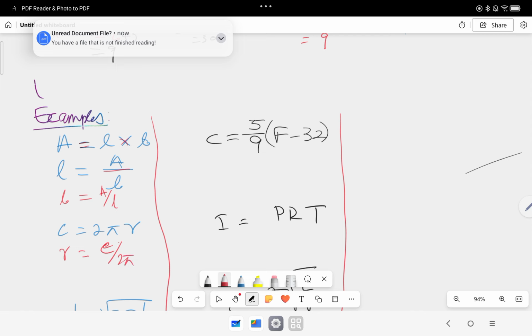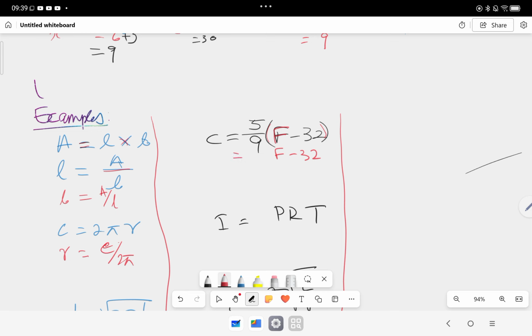This one we want to make the subject F. First of all, we keep F minus 32 in parentheses first, as we said before. Then bring this 9 to the other side, so 9C division, and 5 becomes multiplication on this side.